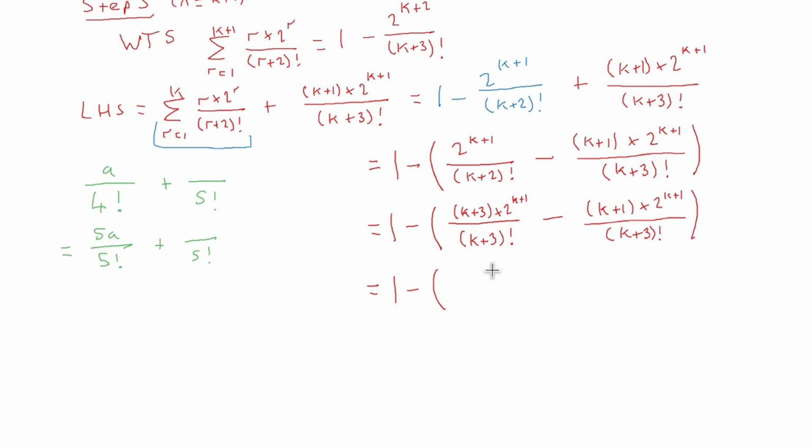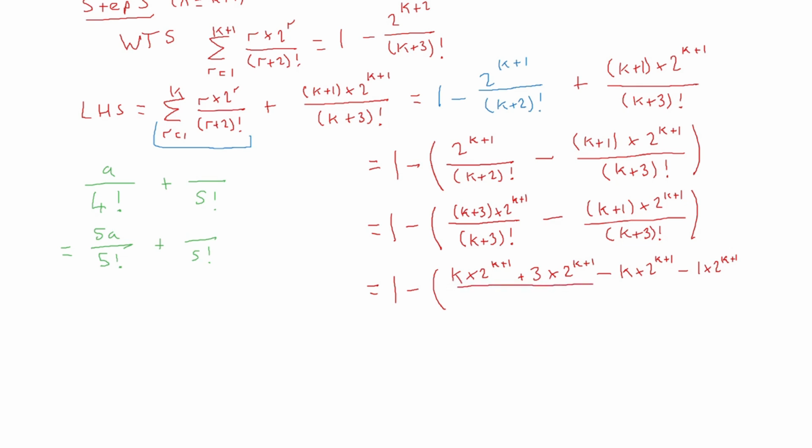Let's go for, I suppose, the most straightforward, which would be to multiply out. So I'd get k times 2 to the k plus 1 plus 3 lots of 2 to the k plus 1 minus k lots of 2 to the k plus 1 minus 1 lot of 2 to the k plus 1.